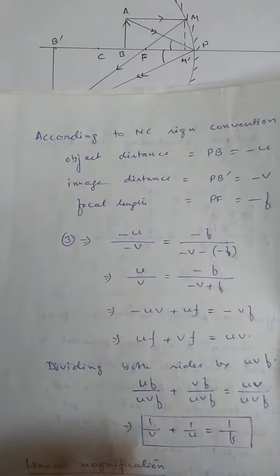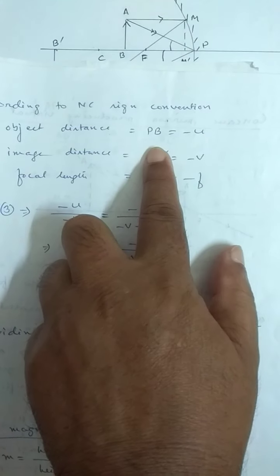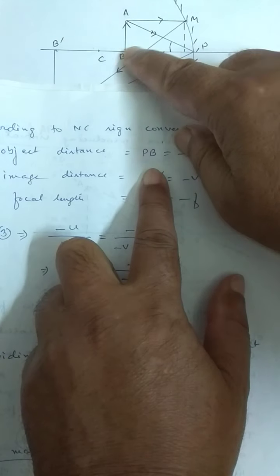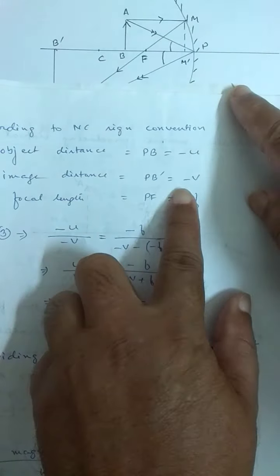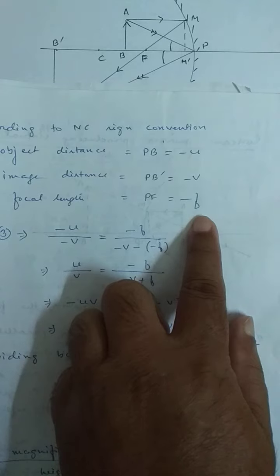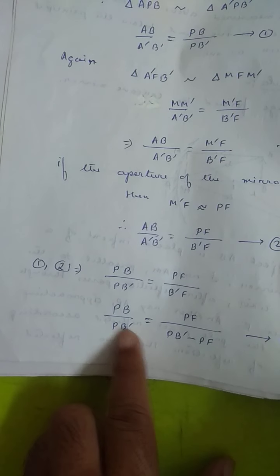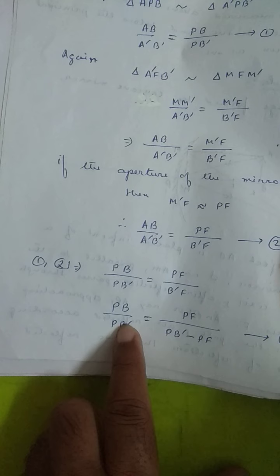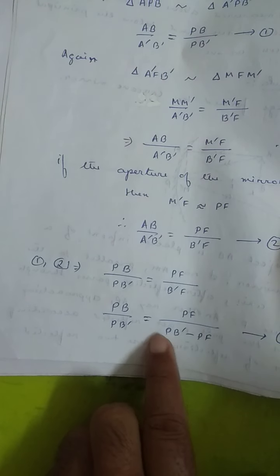So, you just see, according to sign convention, PB is equal to minus u, PB dash is equal to minus v, and PF is equal to minus f. So if I put in equation 3, what is equation 3? It is PB by PB dash, minus u by minus v, is equal to PF by PB dash minus PF, that is minus f by minus v minus f.